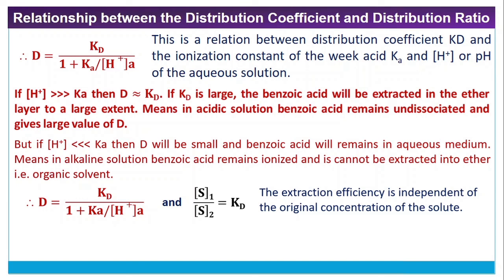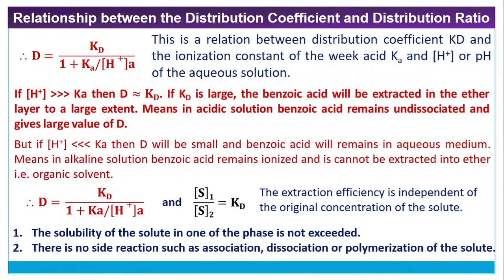It can be used at trace levels, that is micro levels, as well as macro levels. The only conditions are that the solubility of the solute in one of the phases is not exceeded, and there is no side reaction such as association, dissociation or polymerization of the solute.